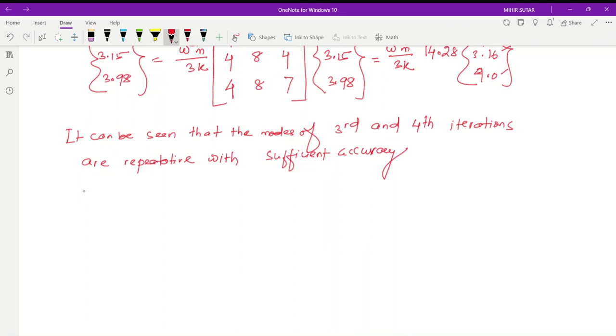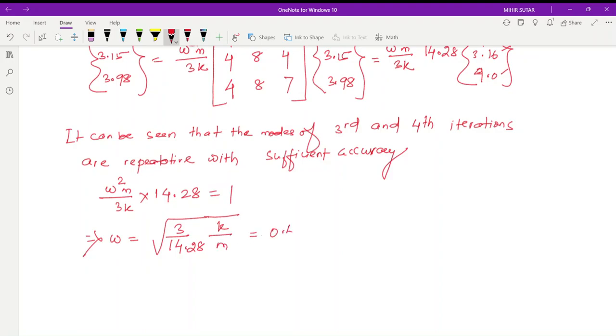Okay. So, therefore, we will take omega square m by 3k into 14.28 to find out the fundamental frequency, the lowest mode. So, our omega will be the square root of 3 by 14.28 times root over k by m. So, it will be 0.458 root over k by m.